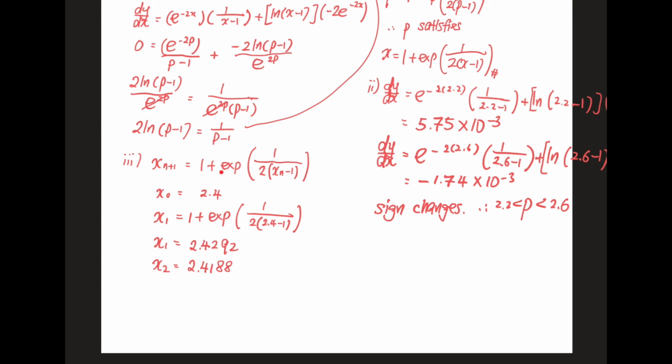What actually happened is I substituted 2.4292 into here. It's just that I don't write it down, because we have to save time. You have to do it quickly. So I substitute 2.4292 over here, then I get 2.4188. Now I substitute 2.4188 into here again. Since I keyed everything into my calculator already, I just use the calculator and get the next x value, 2.4225.